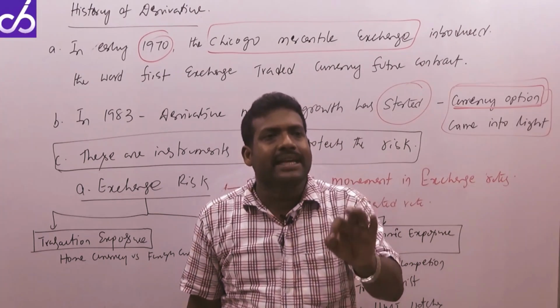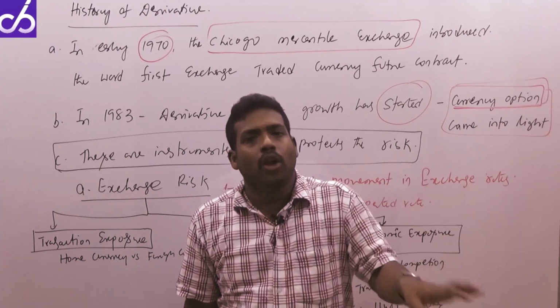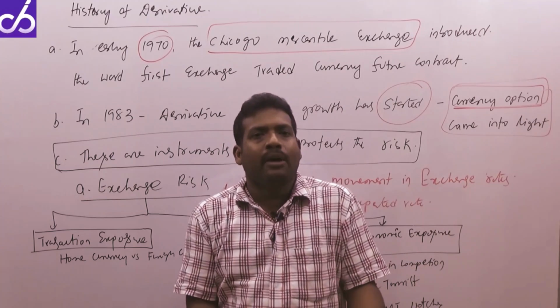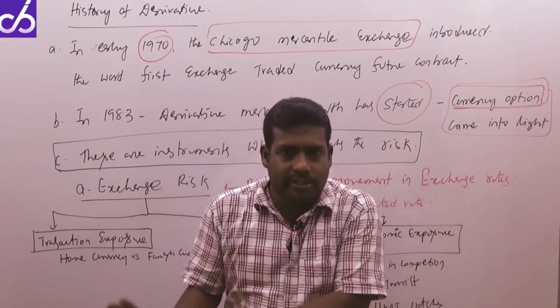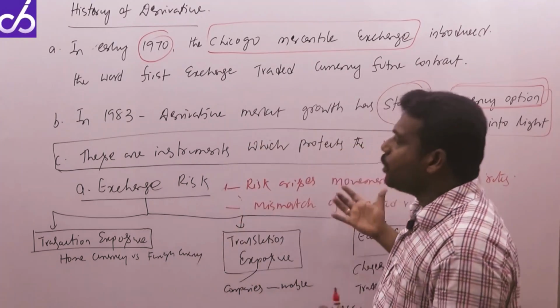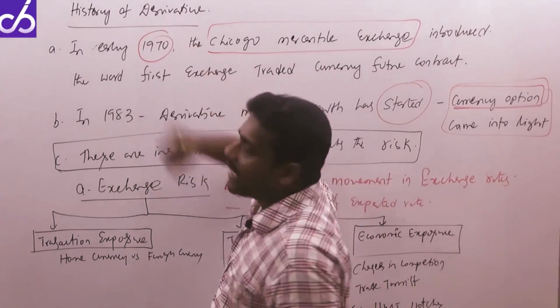Risk means uncertainty of return. It is not getting a loss, it is a situation of getting a loss. In order to overcome that loss, you have to take certain agreements so that your risk can be hedged, not removed, but protected. So here I will give you the various risks that you can save yourself from using derivatives.